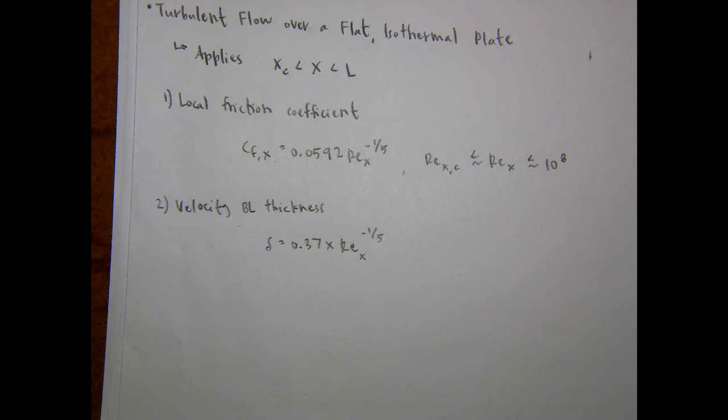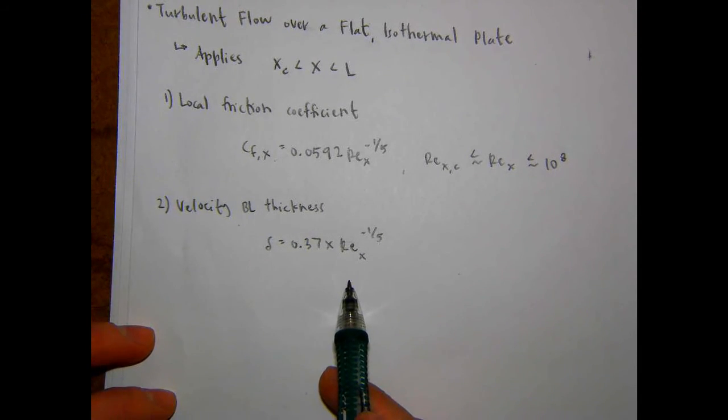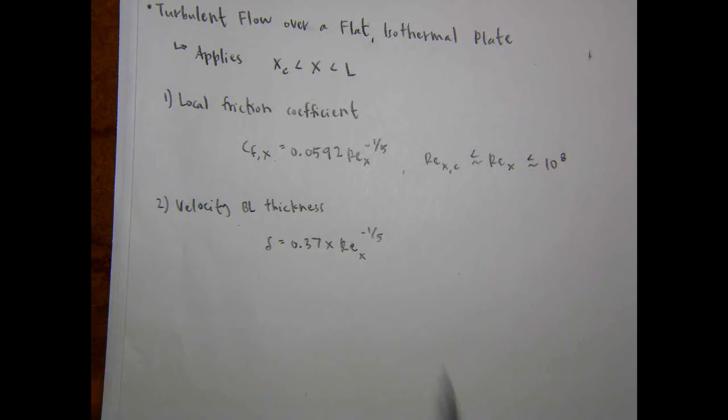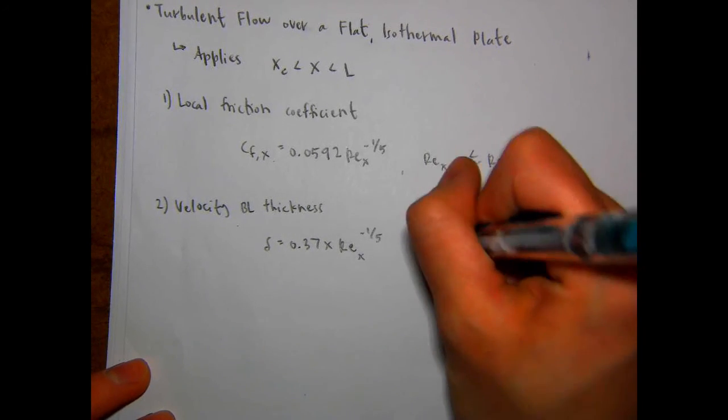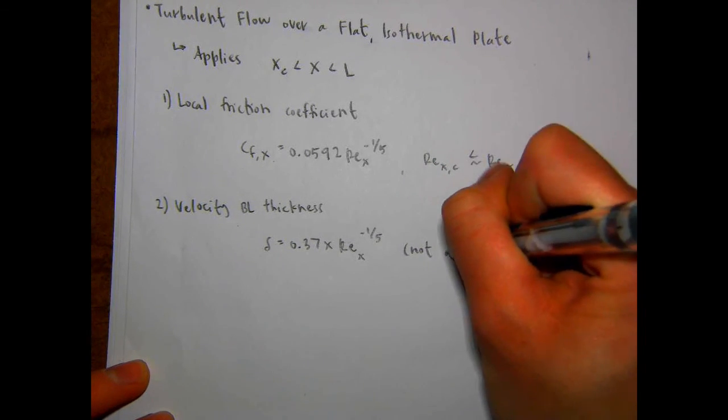The growth is determined by random fluctuations of the fluid rather than by just diffusion of momentum. So that's why you don't have the Prandtl number showing up here, because diffusion isn't really important in the turbulent boundary layer growth, and the Prandtl number is just the ratio of the momentum and energy diffusion rates. Since that doesn't determine boundary layer growth in turbulent flow, it's just an expression of the Reynolds number. So we'll note that it's not a function of the Prandtl number.